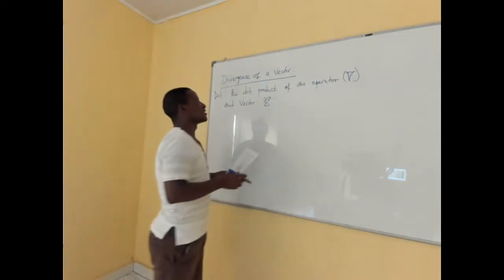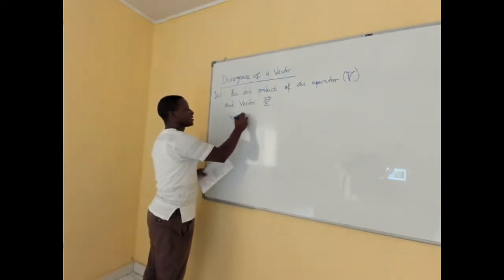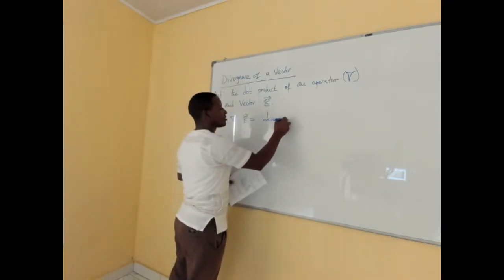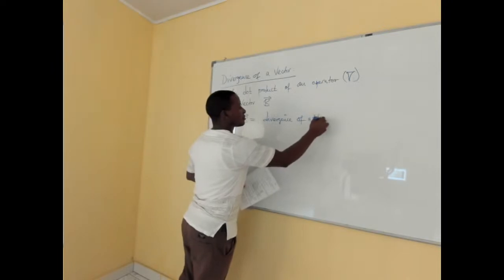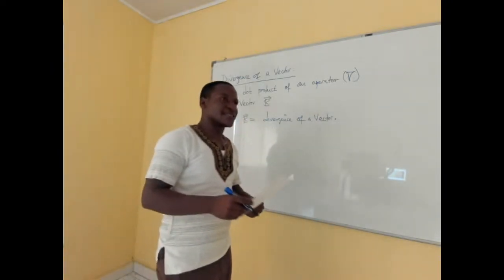This is like the dot product, which is defined as del dot B. This must be equal to the divergence of a vector. As simple as that.